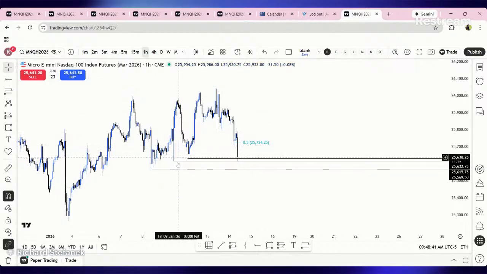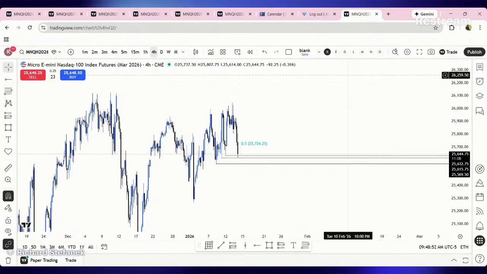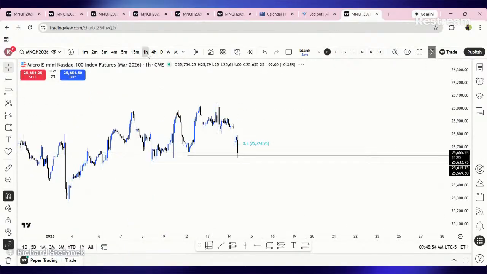Does this market structure, I mean, does it look bullish or bearish? And to me, that's bearish. I know everybody wants to see higher prices, but it's just not what I'm seeing.